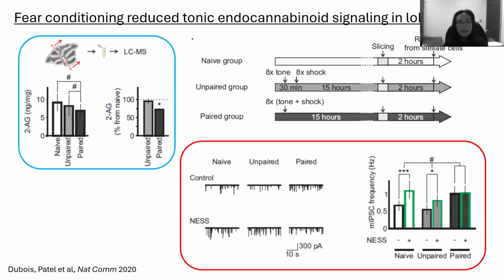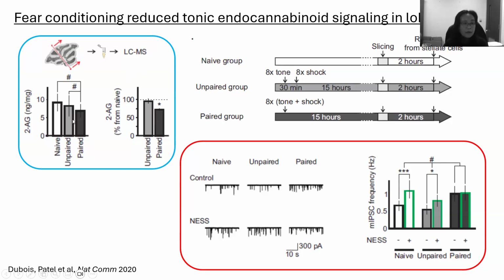About 1 day later, they take the cerebellum out and remove lobules 1 to 6, then process it, extract the lipid, subject it to mass spec, and quantify the 2-AG level. The 2-AG level in the naive animal and the unpaired animal is about the same.